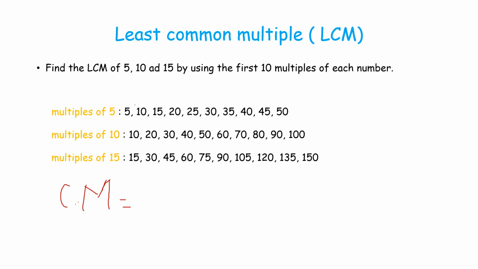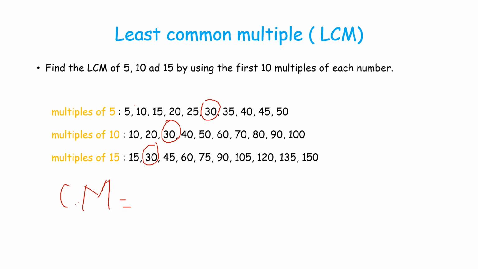The first one is 30. The common multiple is a multiple which is present in all the given numbers. Then there is no other common multiple.